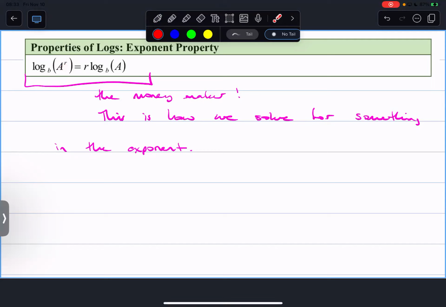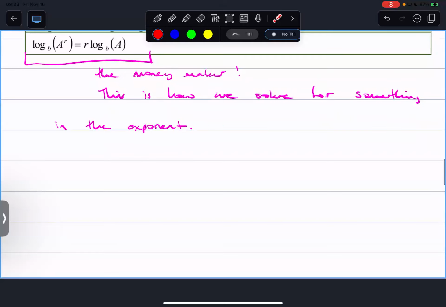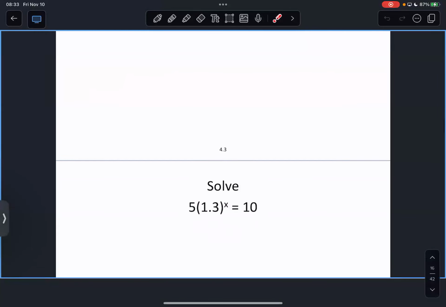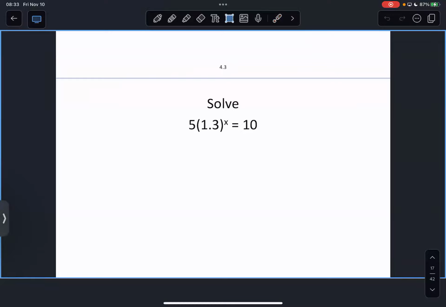So you move everything over and isolate the exponent and its base, and then you take the log of both sides. Now there are kind of strategic logs that you take because some log base b cancel with the base b and the exponent. So sometimes we can be a little bit clever about it, but it just saves us a tiny amount of time, and it's not a big deal if you forget.